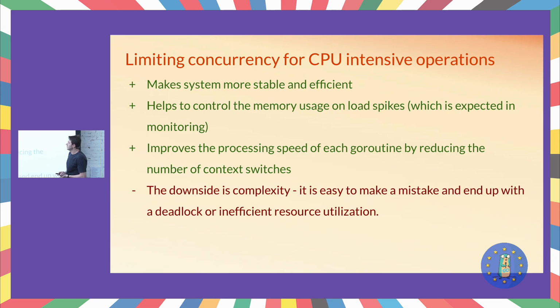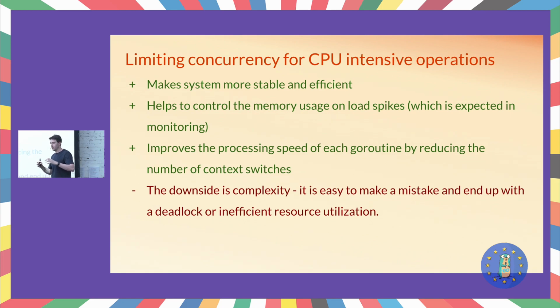What we want with that is to be protected so that these spikes will not crash our time series database. We want to make sure that we are stable and remain efficient even if there is an ingestion spike. Limiting concurrency is exactly the thing which helps us to control memory and CPU usage, and also to remain efficient.